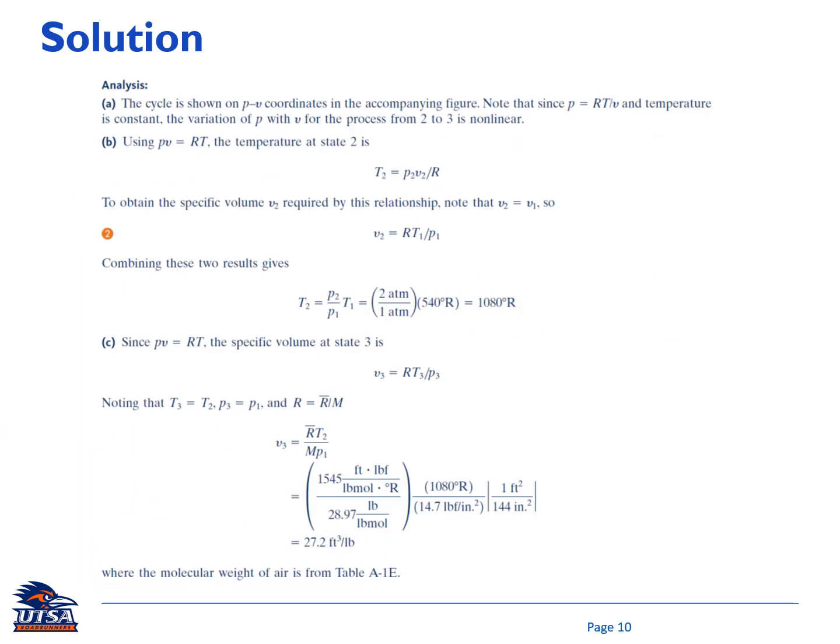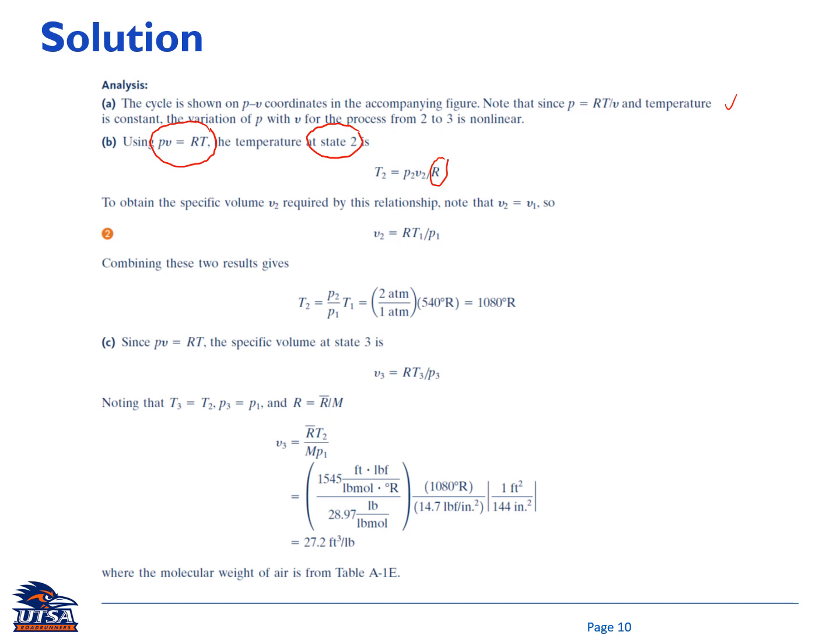Okay, go back again. For question A, we have done it, and then for B, the question is the temperature at state 2. In this case, we can apply the ideal gas equation of state. PV equals RT, and if you apply this to state number 2, you can put a subscript 2 on each parameter except for R, because R is the same for all states in this problem.